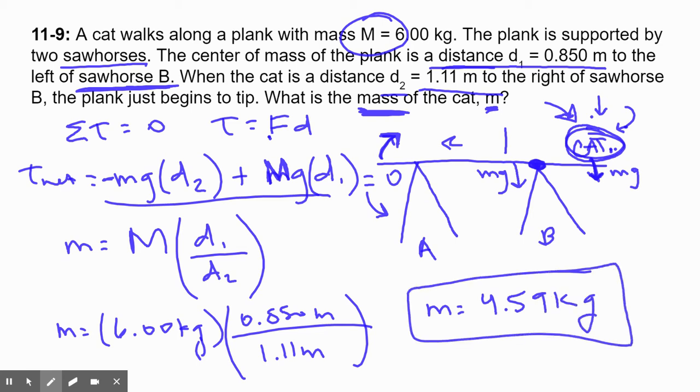So a fairly normal sized cat, that'd be around 10 pounds. And that's how you'd find the mass of the cat, given all this information. So it's not as complicated as it might have seemed, especially when you isolate the cat or you isolate the board and consider what's happening separately and then bring it all together.